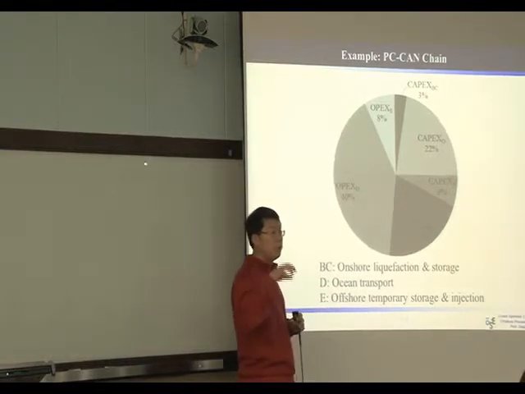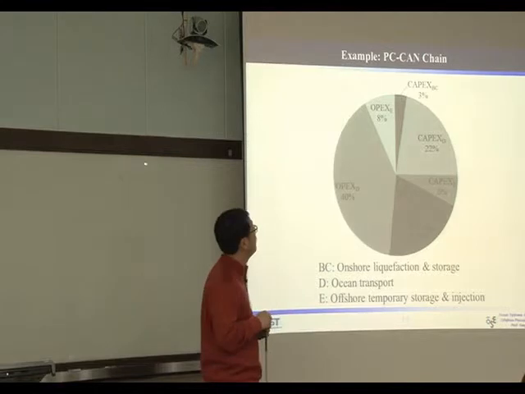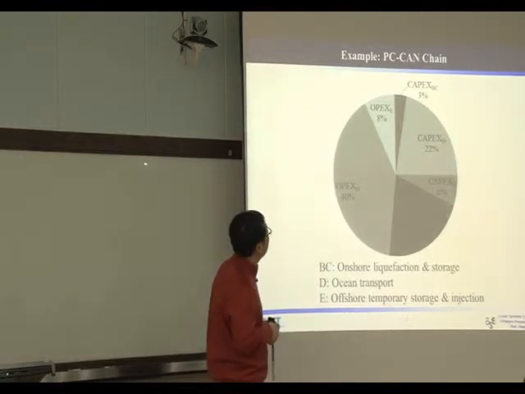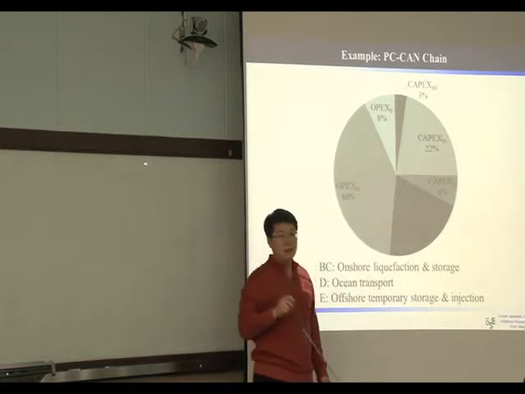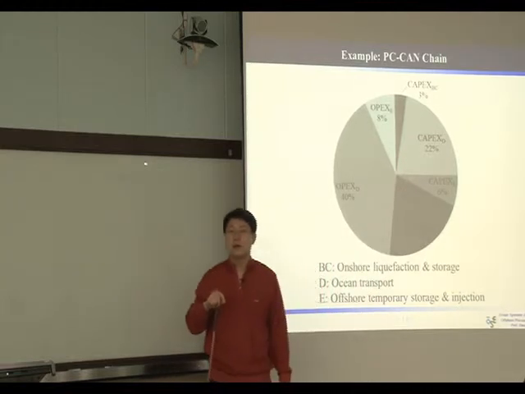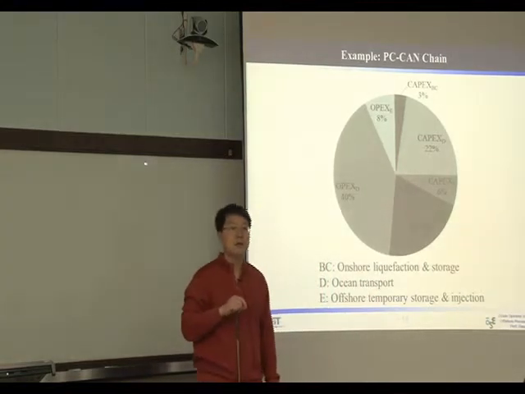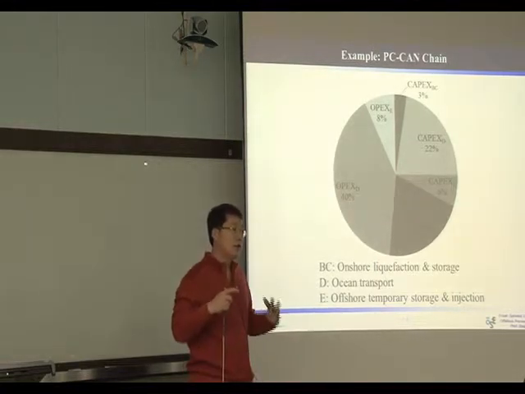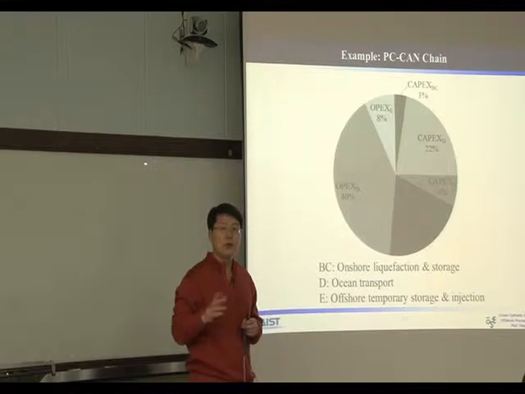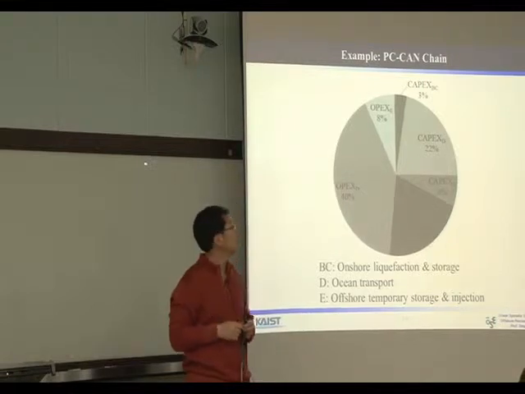So the ship consumes a lot of energy, and the CAPEX D has some substantial part. That means we need a lot of money to construct and build the CO2 carrier.